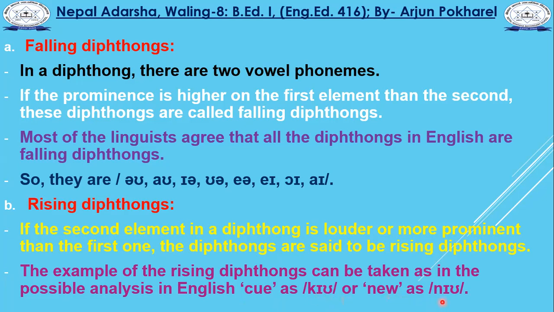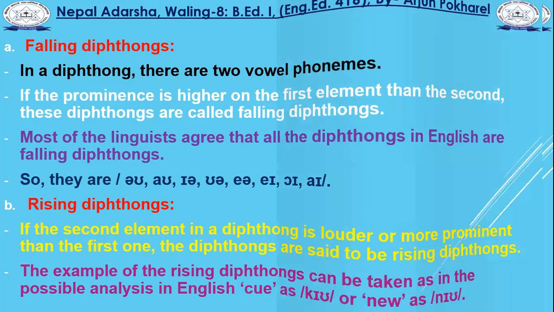In this way we can take them only for example. These are not the actual pronunciation of the English words Q and new. Ka, ya, and u; na, ya, and u are the actual pronunciation.